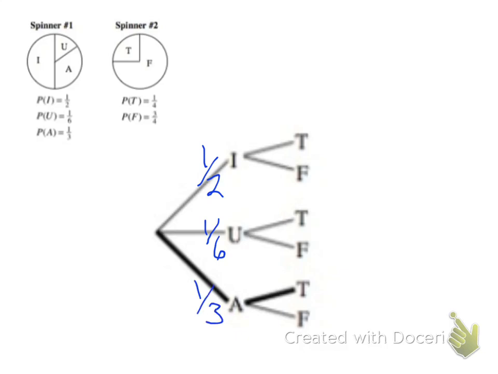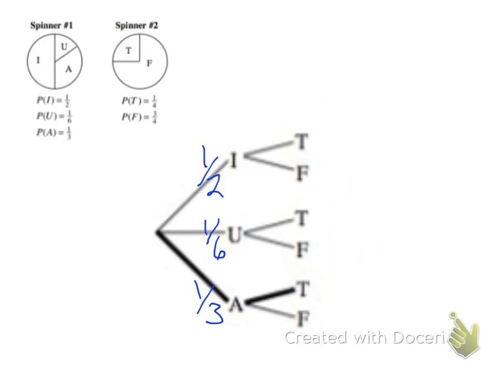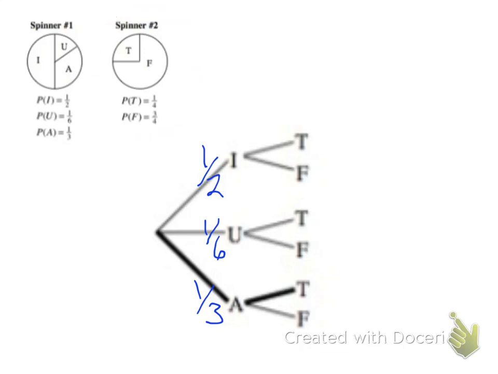Once we do that, we can hopefully tell that all of these outcomes at the end are not all 1/6. That is not the case. So we also know from spinner 2, those are all of my spinner 2 options, that the T value is 1/4 and the F value is 3/4.